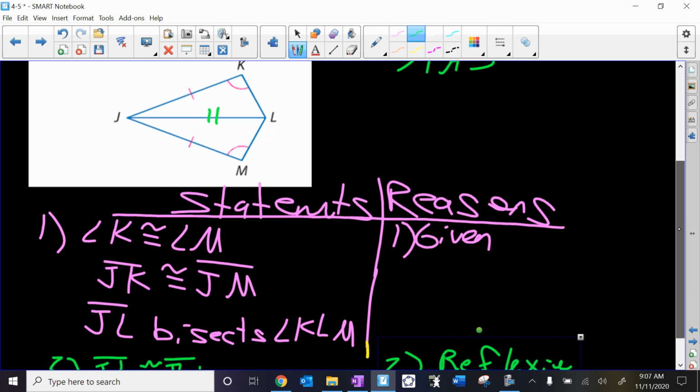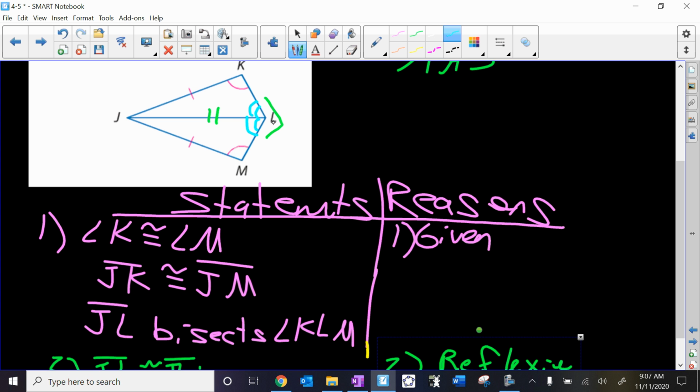What we do need to focus on is this last portion of the given, which says JL bisects angle KLM. I'm going to find angle KLM, which is this one right here. And if we know that JL bisects this angle, that angle should be split into two congruent angles.